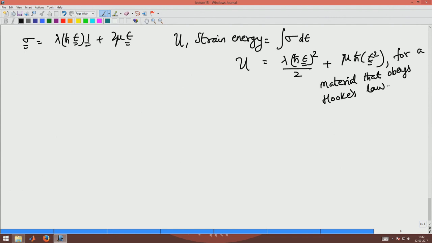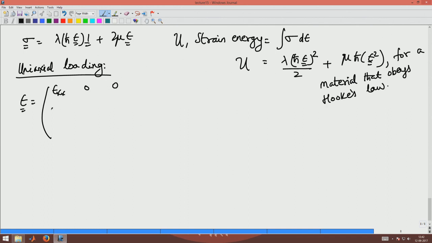Okay. Now, let us find out what the strain energy would be for a uniaxial state of stress. Okay. Let us assume for the uniaxial experiment loading, you have strain as epsilon xx 0 0, 0 epsilon yy 0, 0 0 epsilon zz, right.